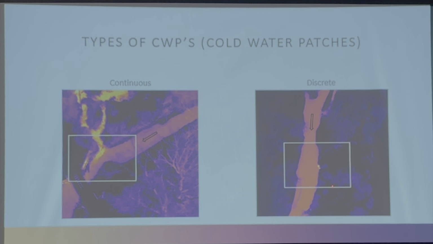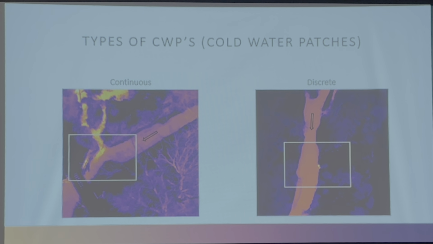If you have a slow area, like right here, you have your discrete patch, but because cold water sinks, there's more of this underwater that we're not seeing. But like I said, depending on velocity, your cushion can shrink or get bigger depending on flows. Does that answer?